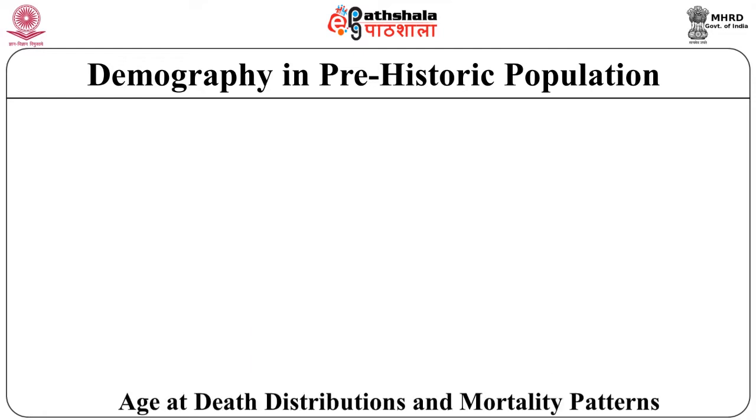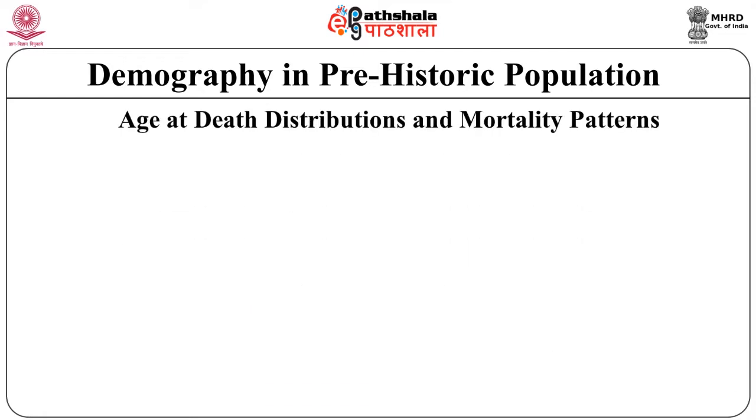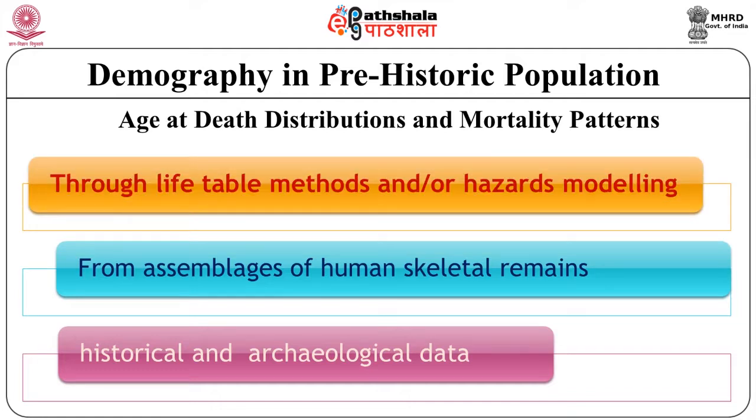expansion rates. Then comes age at death, that is, the distribution and levels of mortality. Mortality profiles for past populations have been reconstructed through the application of life table methods and/or hazards modeling to age-at-death distributions estimated from assemblages of human skeletal remains.